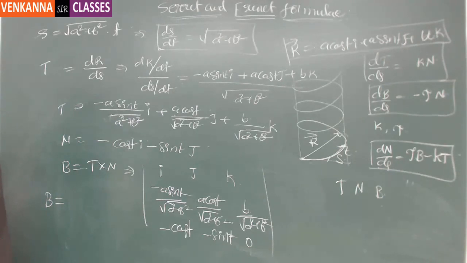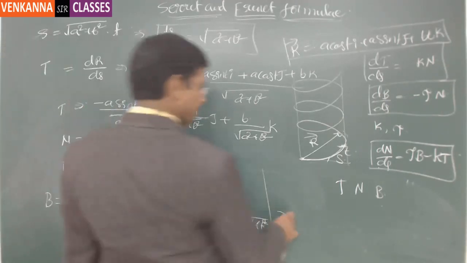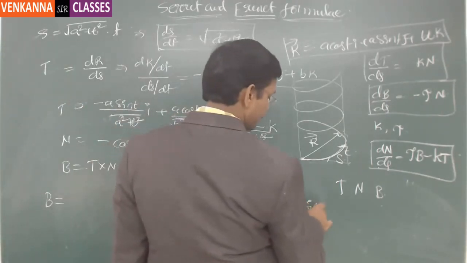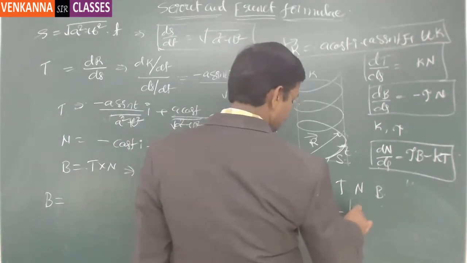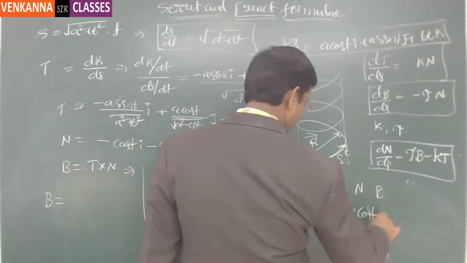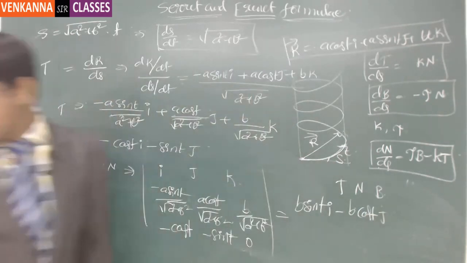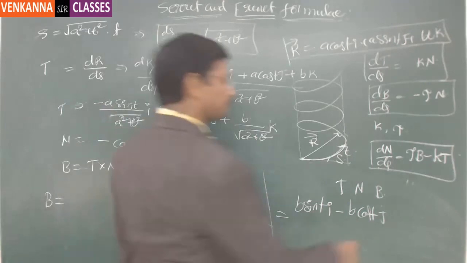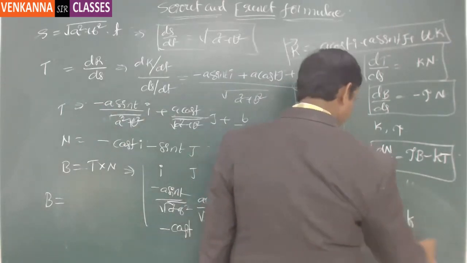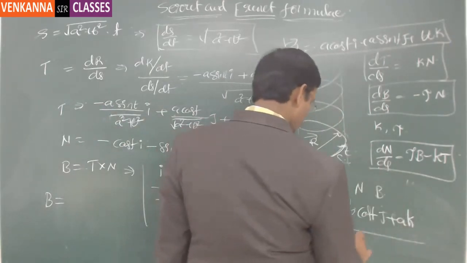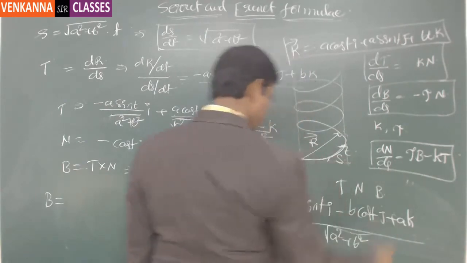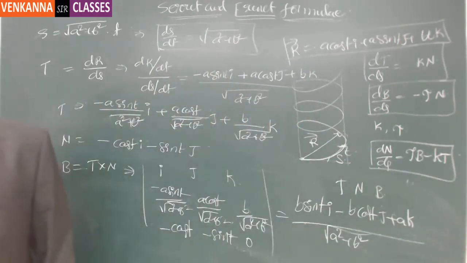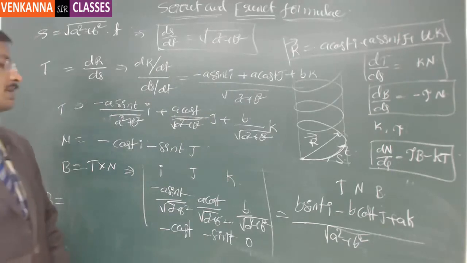So this binormal vector is b sin t into i minus b cos t into j plus a k, divided by square root of a square plus b square. That's all. So this is the cross product.